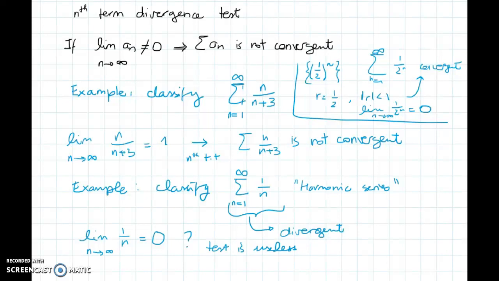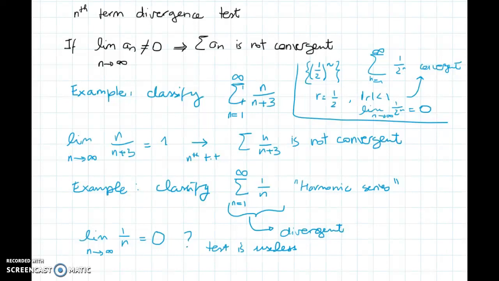In other words, for a series associated to a sequence to converge, it is necessary for the sequence to have limit 0. So it's a necessary condition. But it is not enough, because there are some sequences with limit 0 whose series are not convergent, so it's not sufficient.